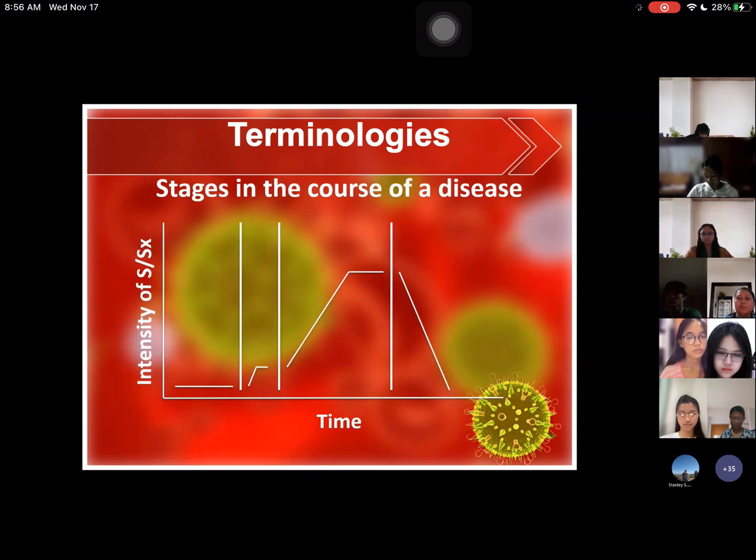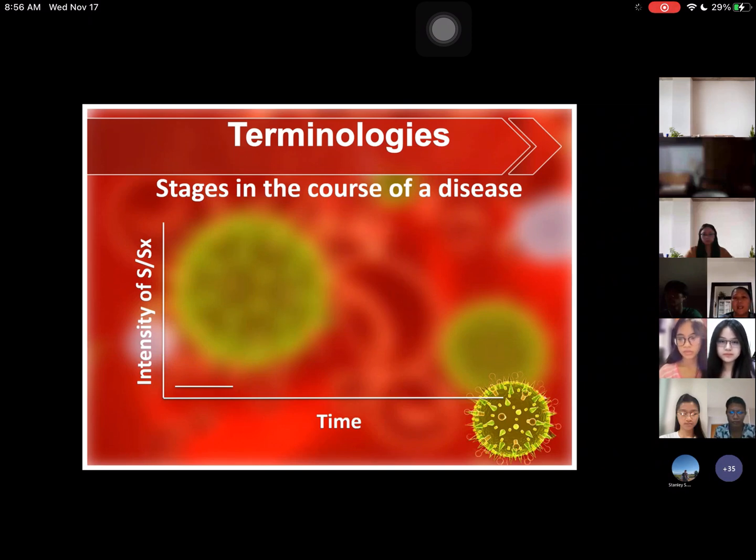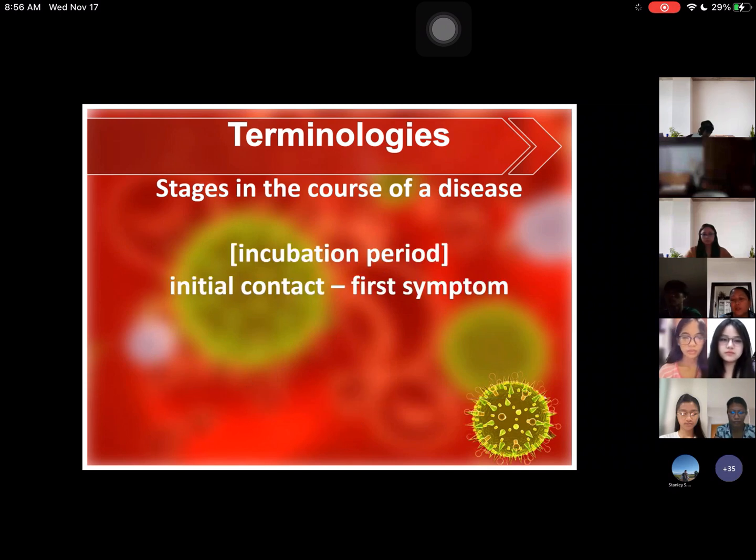Okay, so there are stages in the course of the disease. Even if we don't feel that we are infected with something, the moment a pathogen or invader or a microorganism enters our system, it undergoes 4 stages in the course of the infection or disease.